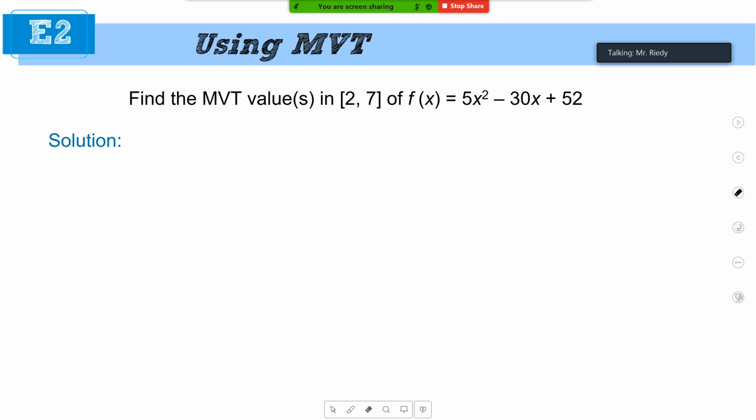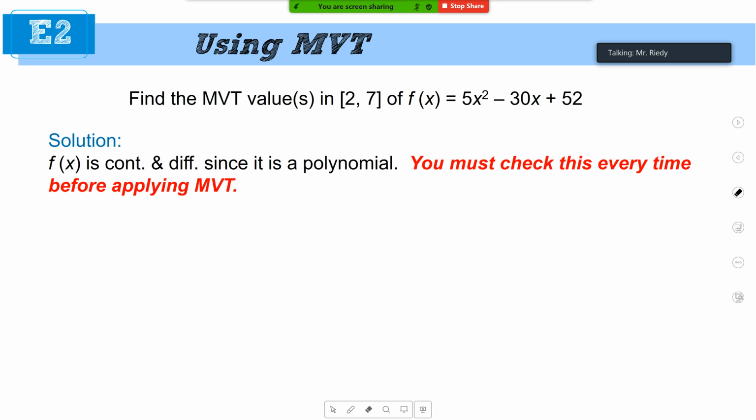That function, we've discussed this already. Tessa helped us with this earlier. It's a parabola. Parabolas are polynomials. Polynomials are continuous and differentiable. We're good to go. But you must check that every time. By checking it, I mean, if this is on the AP test, you need to specifically say, this function is continuous and differentiable because it is a polynomial. And you're good to go.